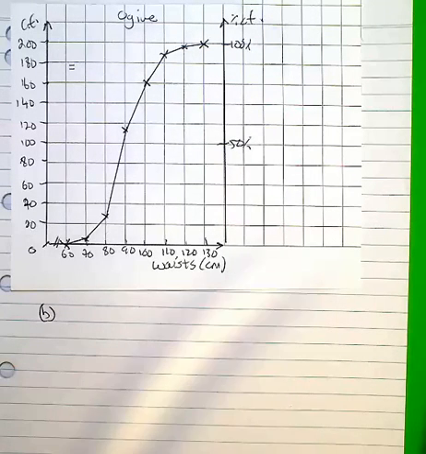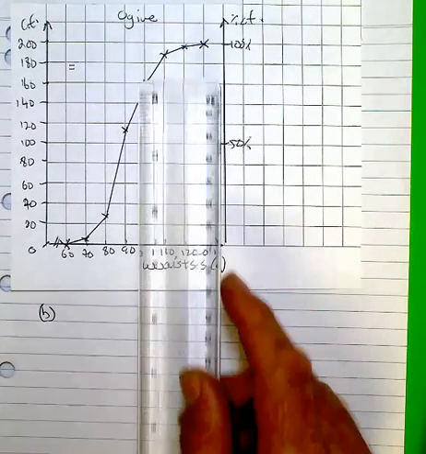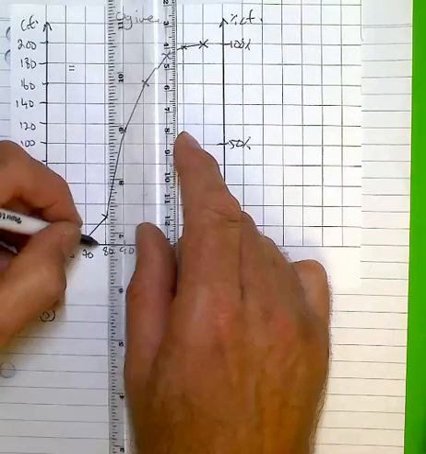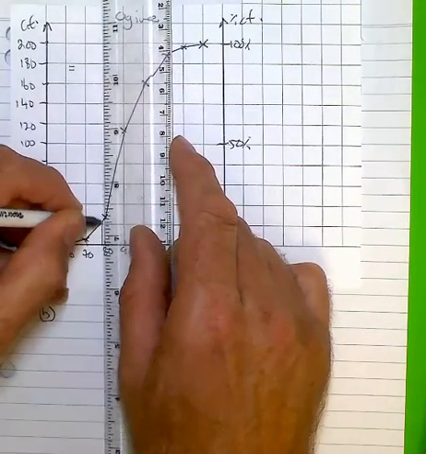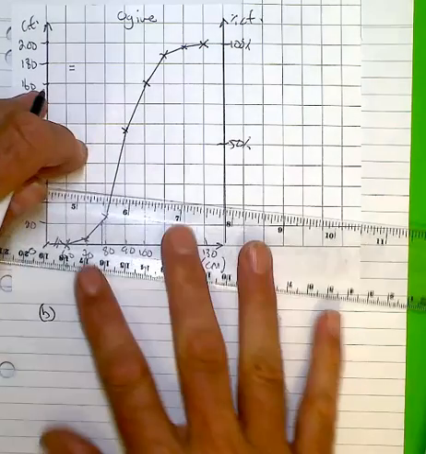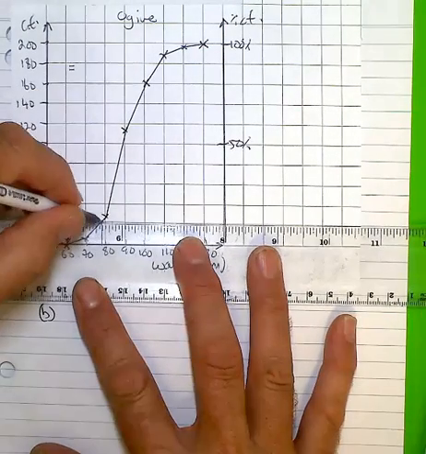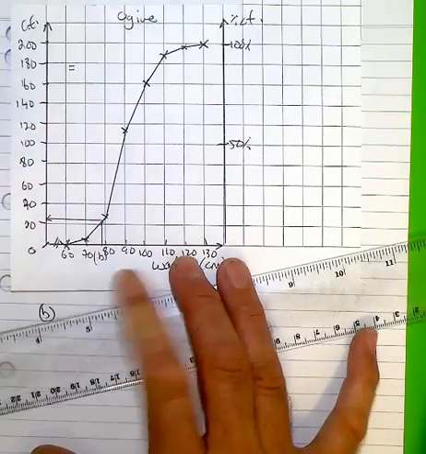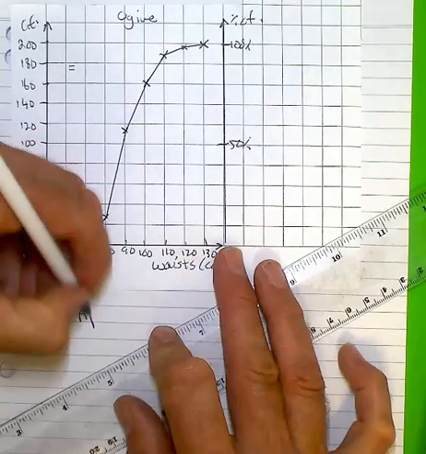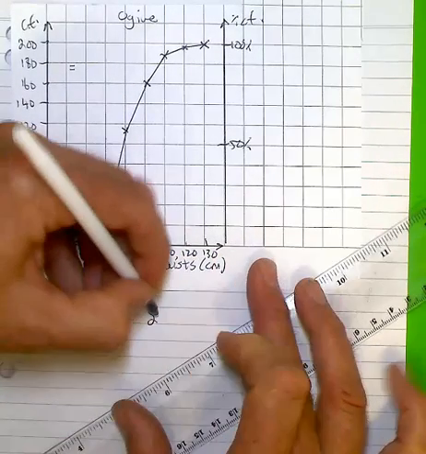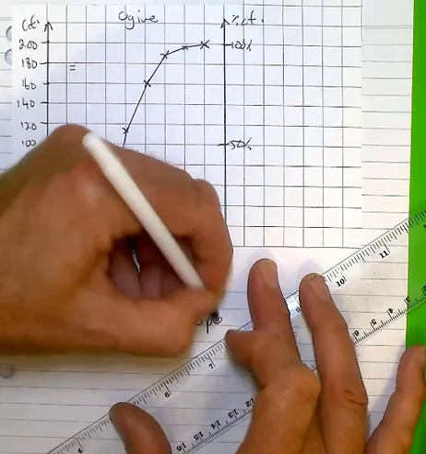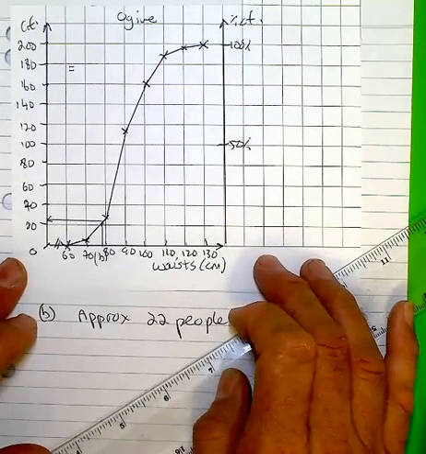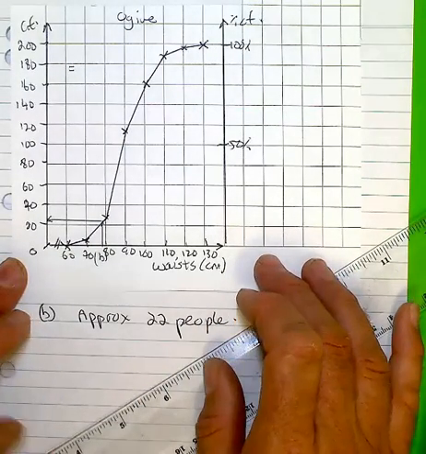So for those who've got a waste size less than 78, what I do, very much an estimation here, is read up from about 78 there and read across. So approximately 22 people. Please notice, as long as you're in the same ballpark as the answers, we should be both on the same page.